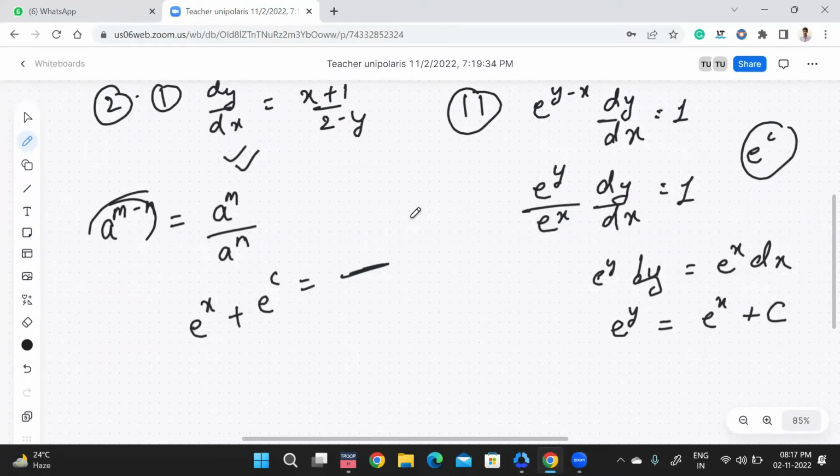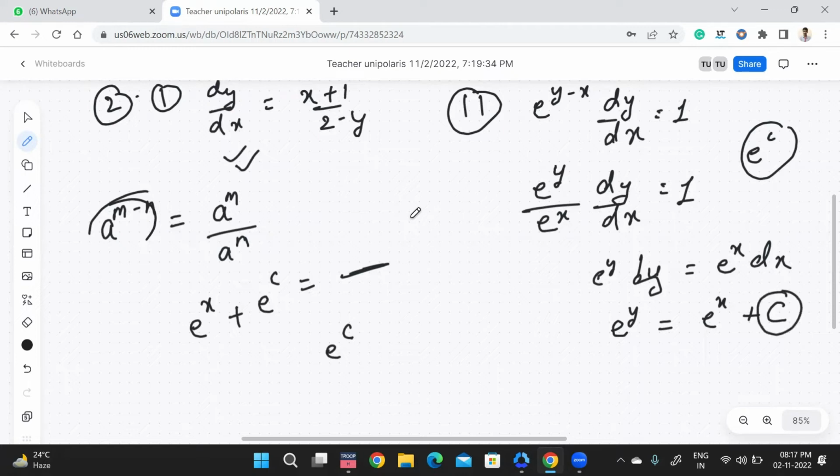In the log case, we have full power to take any constant; the constant can be anything. So if we take the constant as e raised to the power c there, that can also be true, because we can give some value of c to get that c back.